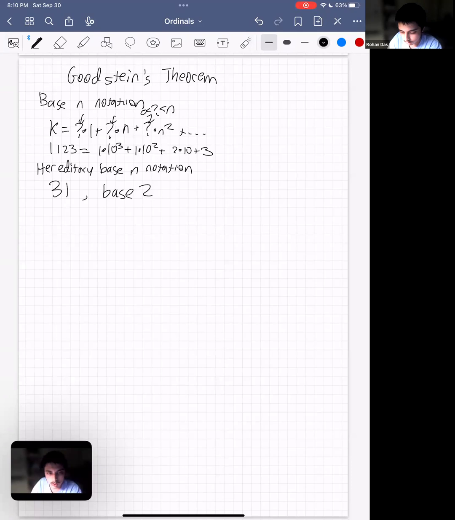So we can write 31 as 16 plus 8 plus 4 plus 2 plus 1, which is 2 to the 4th plus 2 cubed plus 2 squared plus 2 to the 1 plus 2 to the 0. And this is how you express it in base 2 notation.